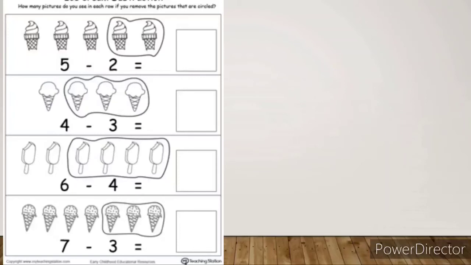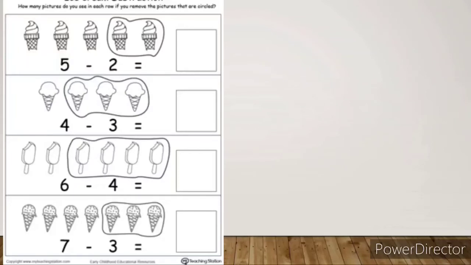Now let's look at these popsicles. 1, 2, 3, 4, 5, 6. 6 minus 4 equals, he circled the 4 popsicles that he's going to take away. How many do we have left? Awesome. Write that number in that little square on your screen.